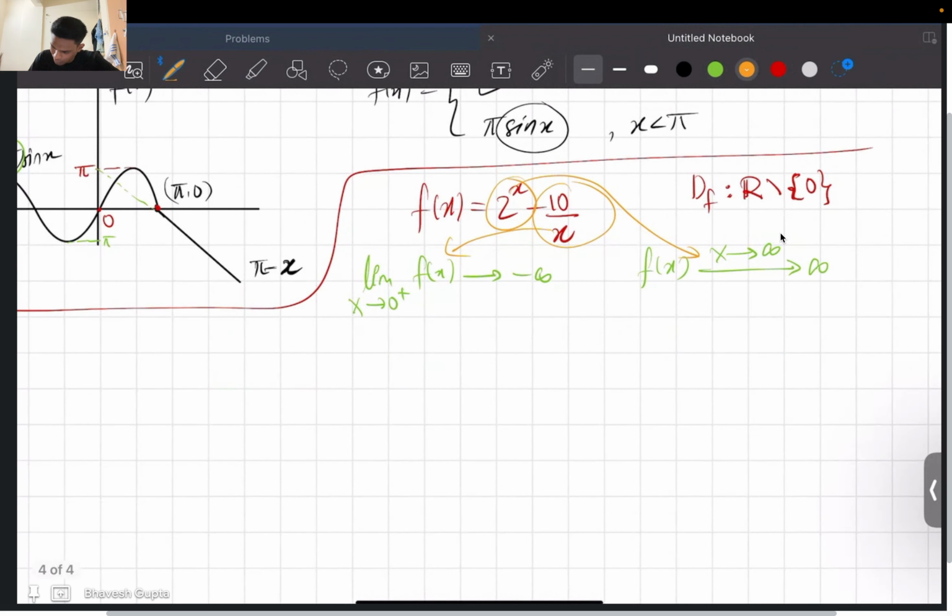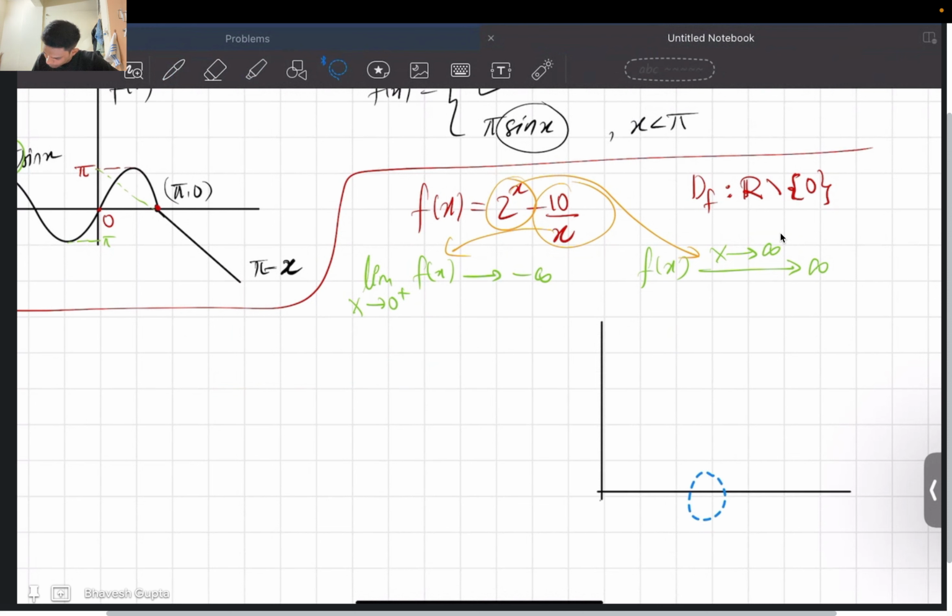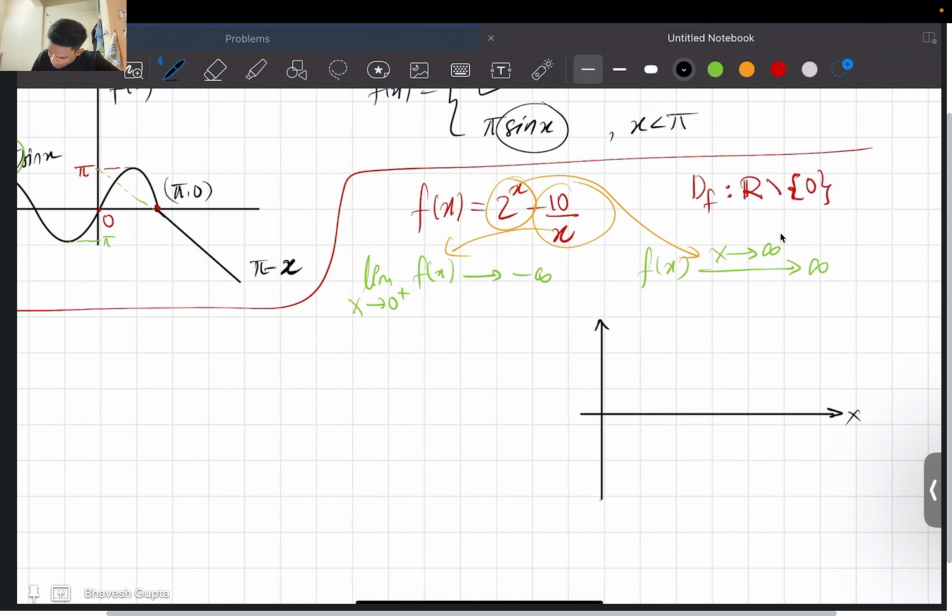So the typical graph, what I can see here. Okay, so let me do this. This is x, this is some function f of x, and I just immediately saw the asymptotic behavior of the function, in the sense that when x goes to infinity, my function also goes to infinity because of this exponential, right?